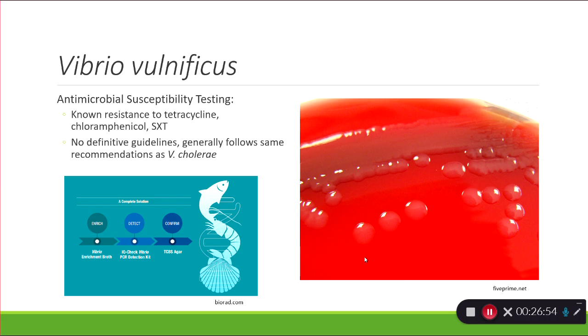As far as antimicrobial susceptibility testing goes, there's known resistance to tetracycline, chloramphenicol, and SXT, and there are no definitive guidelines. They usually use the same treatment as for Vibrio cholerae.